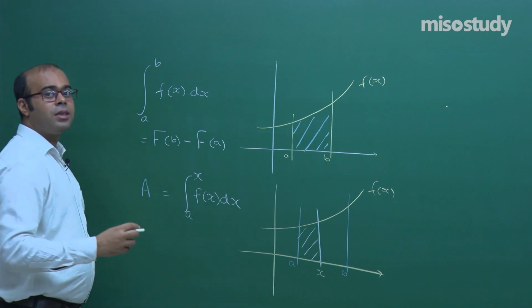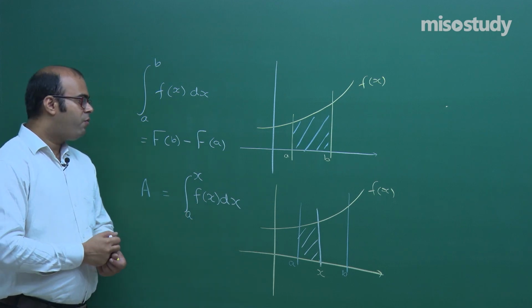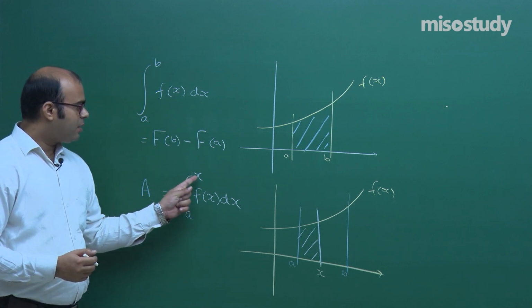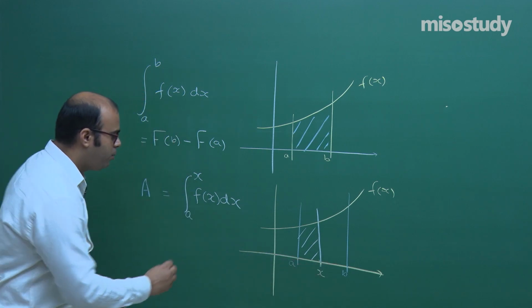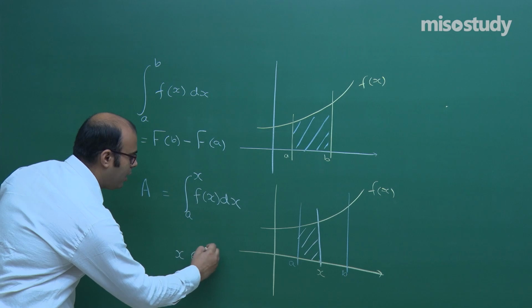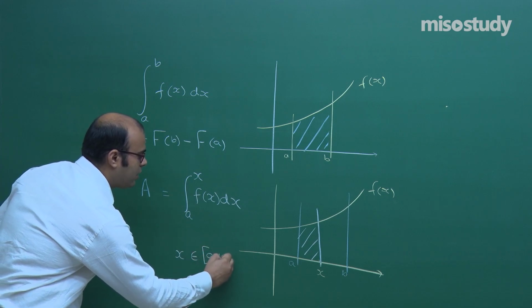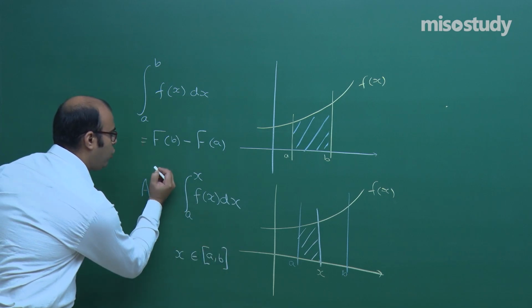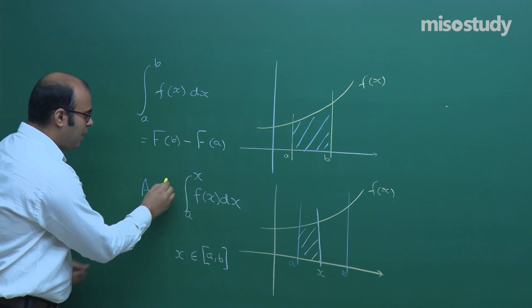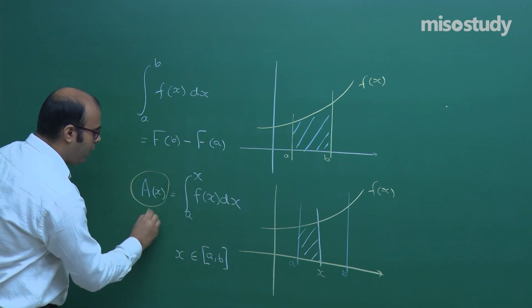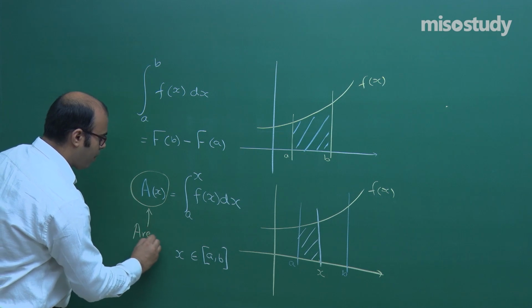A few things we have to understand here. First of all, this A is a function of x, because x can move from here to here, x belongs to a to b anywhere. So we say that A(x) is called the area function.